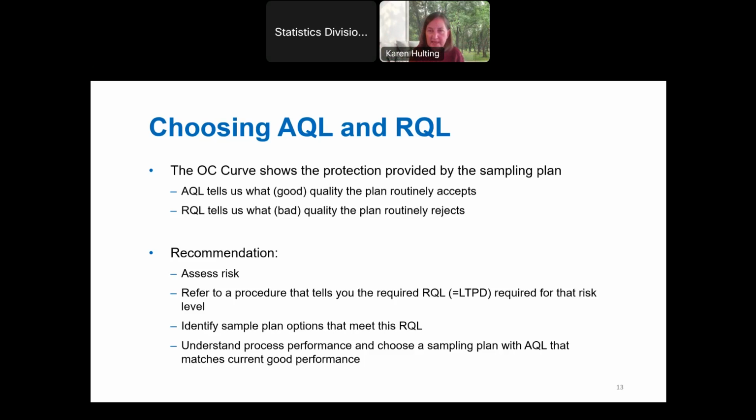Now, the 4th step is, once you've decided on maybe a set of different plans that meet the RQL or LTPD that you need for your level of risk, then you can look at all of those plans, see what their AQLs are, and choose one that has an AQL that matches your current good performance. So you need to know what percent defective is your process currently running, right?